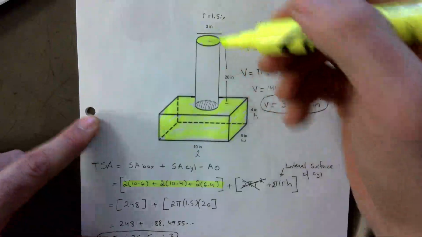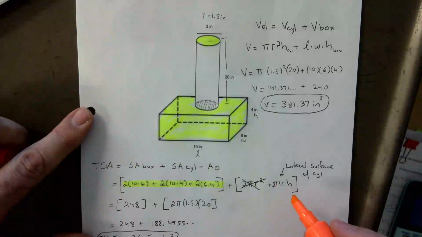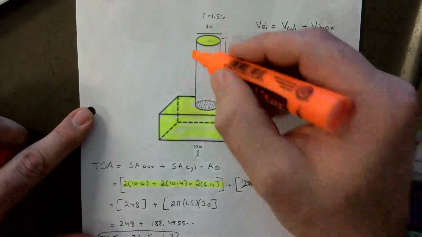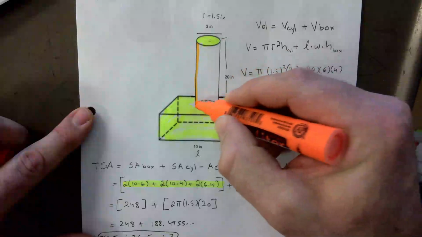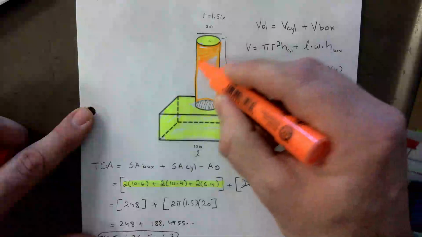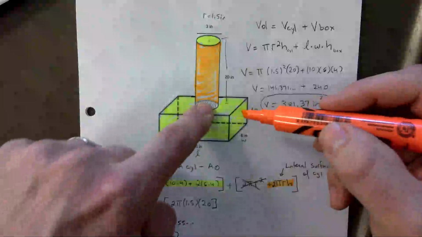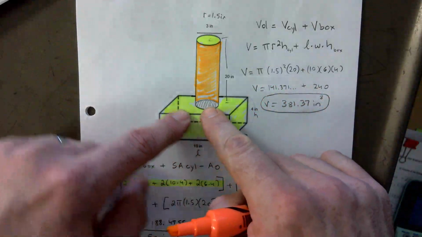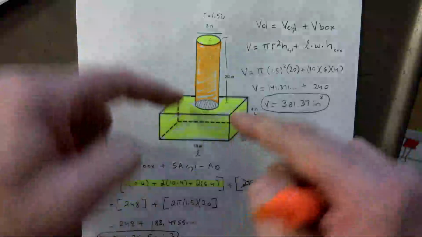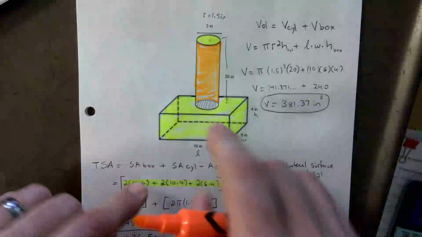Okay? And then the second part, the lateral surface area, is just this part. And I also omit that circle down there because I don't want to count it. This circle here is not to be counted from the box, and it's not to be counted from the cylinder. We do not want this one, no matter what.